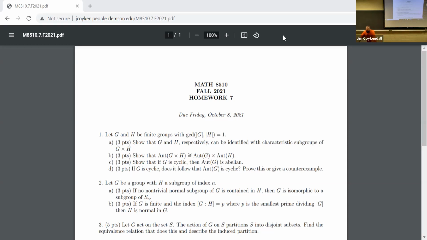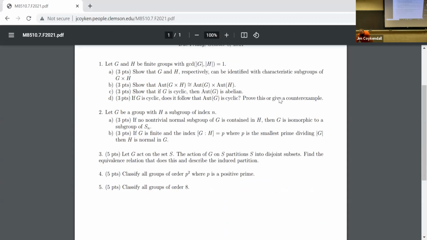Number 2, suppose that G is a group and H is a subgroup of G of index n. Show if no non-trivial normal subgroup of G is contained in H, then G is isomorphic to a subgroup of Sn.